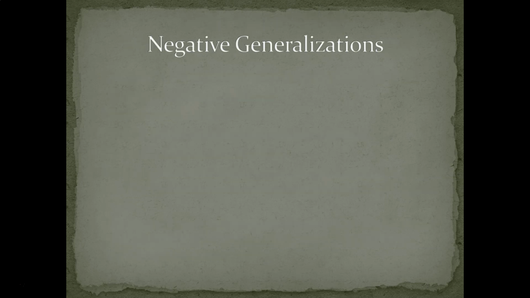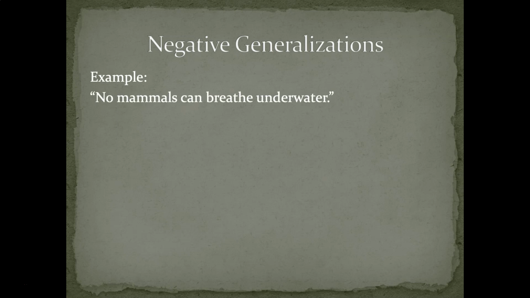Some generalizations are negative, not because they say something mean about that type of thing, but because they say that few or no things of that type are a certain way. So this is going in the opposite direction of a positive or a regular generalization. So for example, no mammals can breathe underwater.